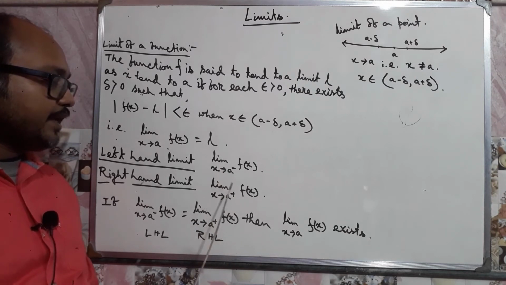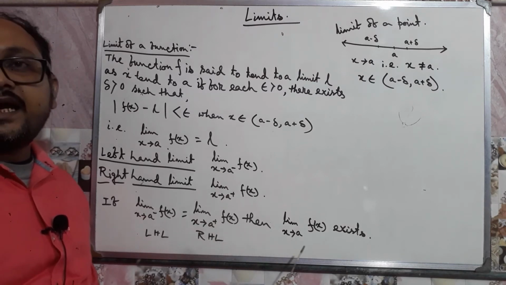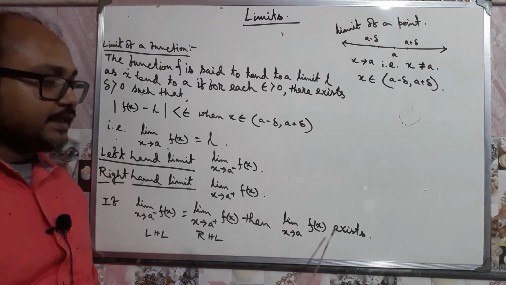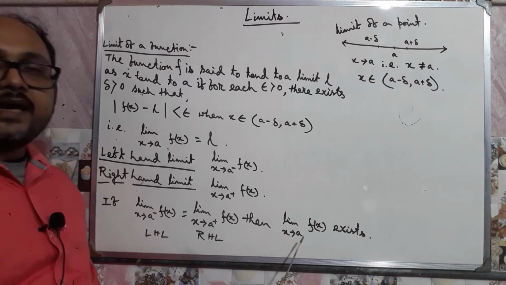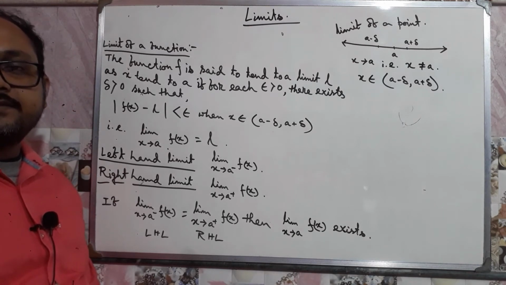Now, if this left hand limit and right hand limit are equal, then we can say that the limiting value of the function exists when x tends to a, that is limit x tends to a f of x exists.